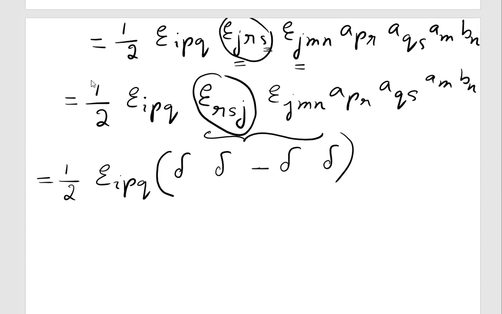Now, j I cannot write now. For the first delta, it is r m. First suffixes I'm writing. The second suffix, for second delta, and here also it is the same thing, r and s. Let this bracket be a little away.